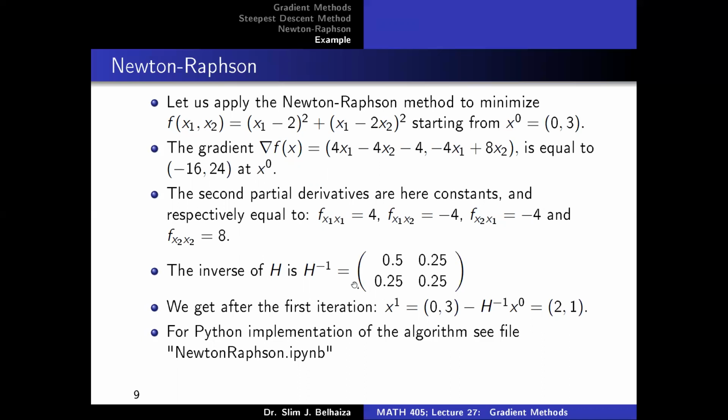The inversion of the Hessian matrix gives the following: H inverse, which is 0.5, 0.25, 0.25, 0.25, and we get after the first iteration right away x1, which is equal to x naught minus H inverse times the gradient, equal to 2, 1. So we converged in only one step here.